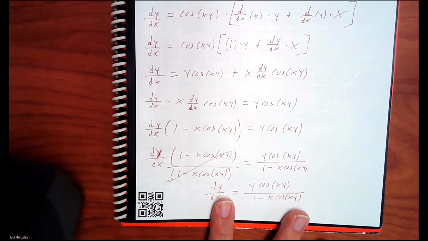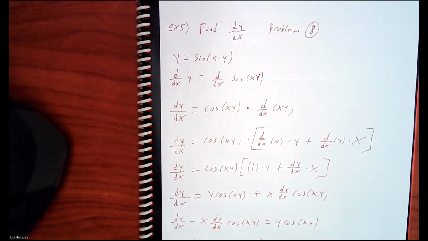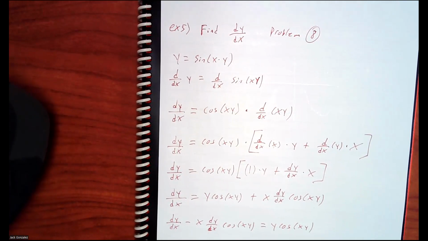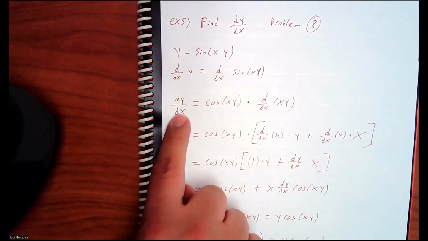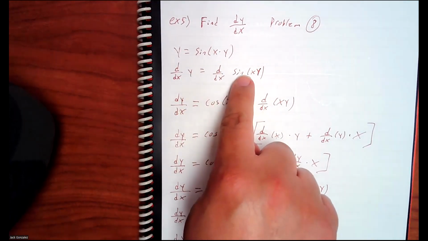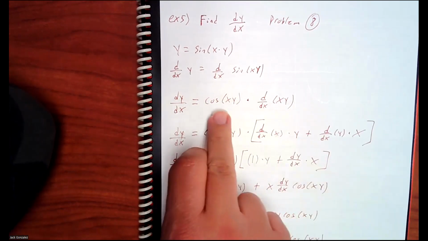Okay, so let's look at it one more time. We had a sine outer function and the inner function was a product. So that was a chain rule that then triggered a product rule. The derivative of both sides gave me this guy and then chain. Derivative of the outside is cosine times the derivative of the inside. This is the chain rule happening.